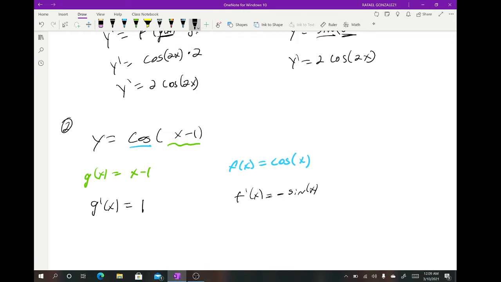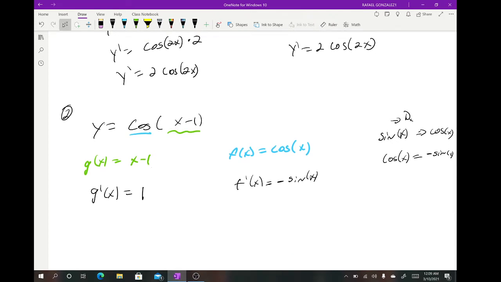So again, you have to memorize it. The derivative of sine of x: if you take the derivative with respect to x, it's going to be equal to cosine of x. And if you take the derivative of cosine of x, it's going to be equal to negative sine of x. Okay. So let's move on with this.